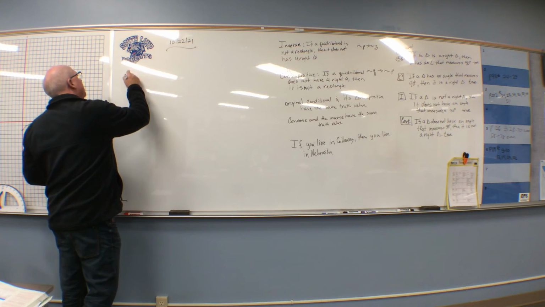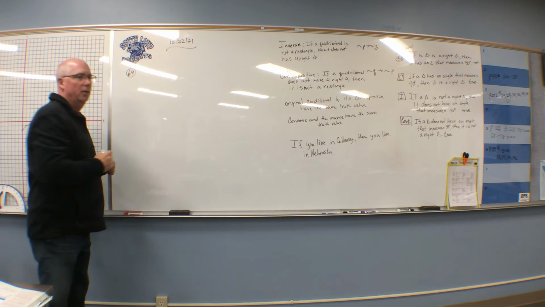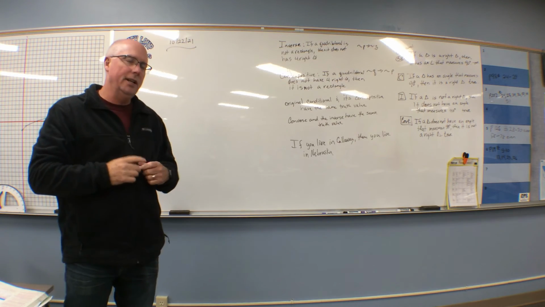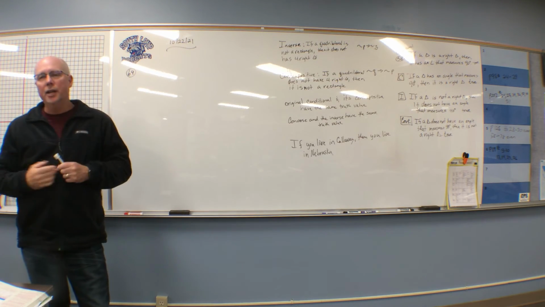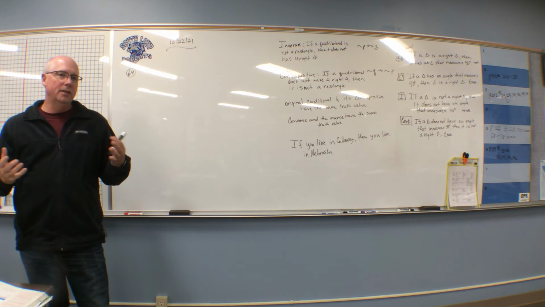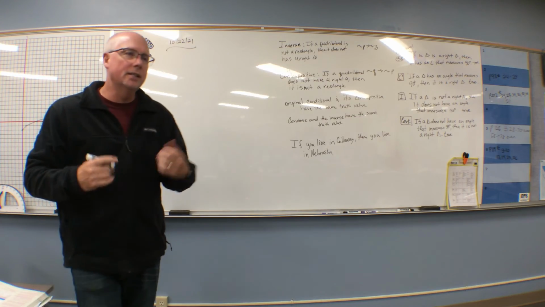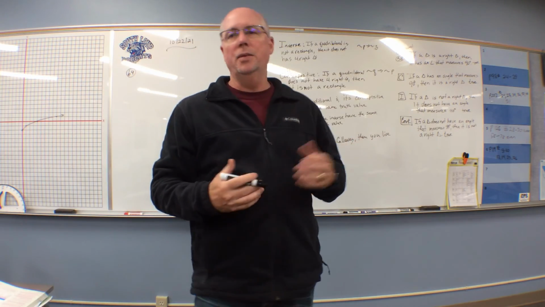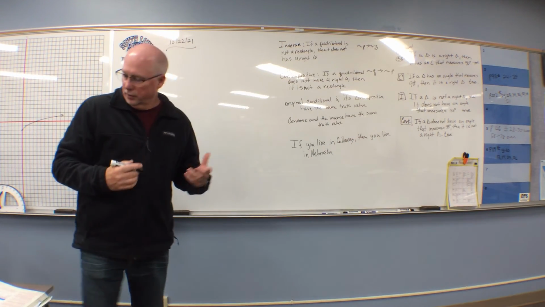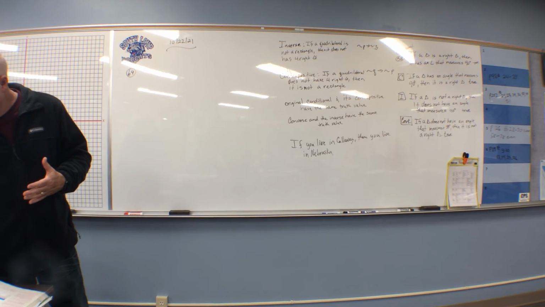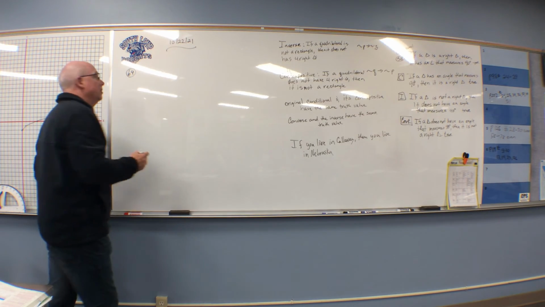Okay, so the directions say write as a biconditional first, and I don't always agree with the author. This is one case when I say maybe you should decide whether it's true or false and then write it as a biconditional. That's not what the author said. It says write it as a biconditional, then decide whether it's true or false. Lines that do not intersect are horizontal. So we begin the same way.